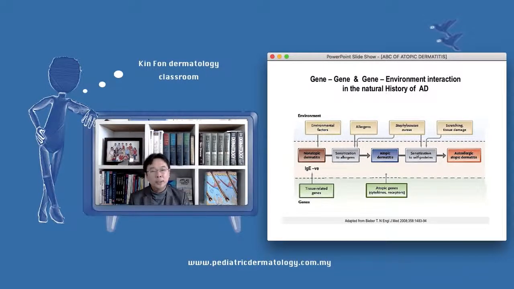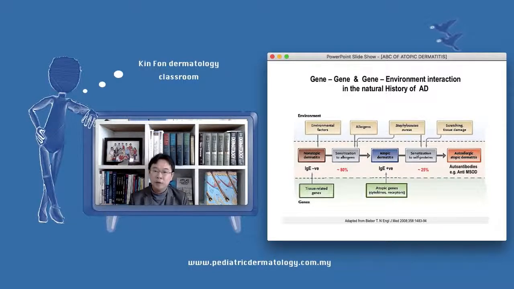So over the years of exposure to environmental allergens, the patients start to develop IgE against environmental irritants and allergens. Over time, if you can't arrest the progression and you allow the atopic eczema to evolve into chronic stage, about 25% of them will develop autoantibody against their own epidermal protein as well as the endothelial proteins.